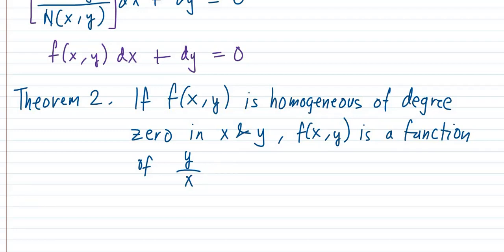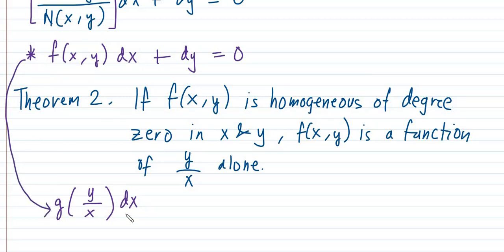So if I apply theorem 2 to our differential equation, f of xy will become a new function, g of y over x. Applying theorem 2, this becomes g of y over x dx plus dy is equal to 0.